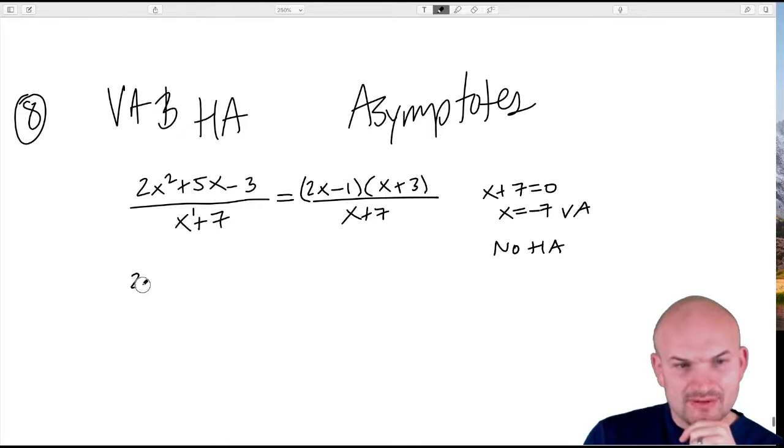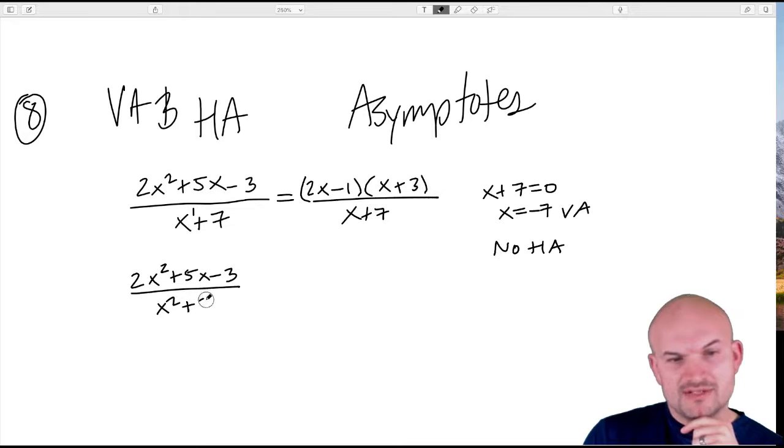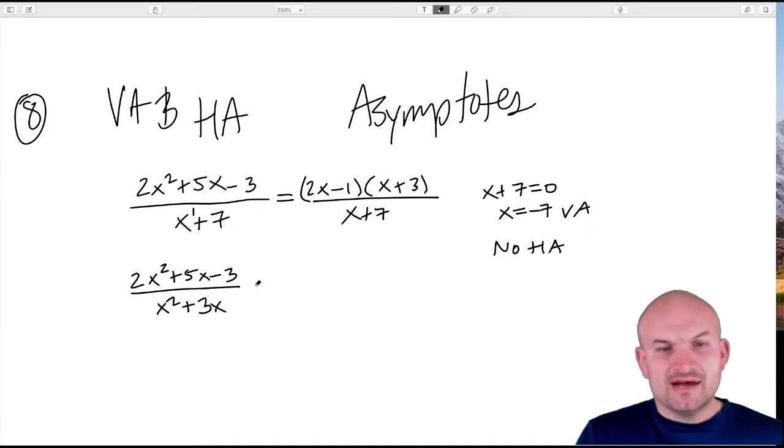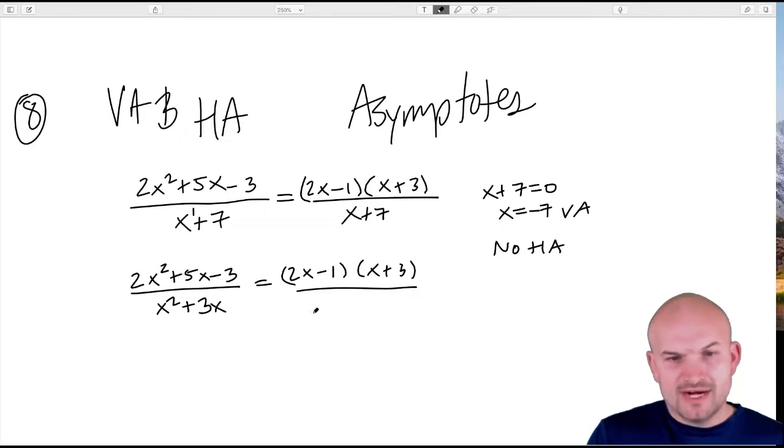Now in the next example, let's say I had 2x squared plus 5x minus 3 divided by x squared plus 3x. Now again, in this example, I'm going to want to simplify this. So I already know my answer: in the numerator, 2x minus 1 times x plus 3, all over x times x plus 3.